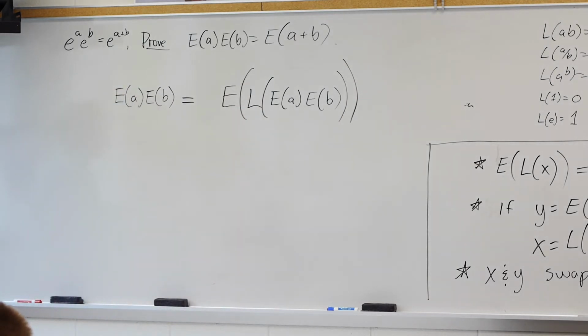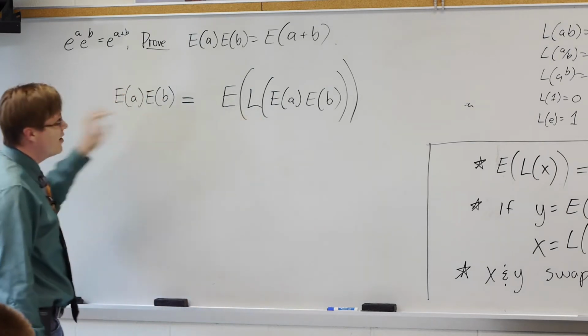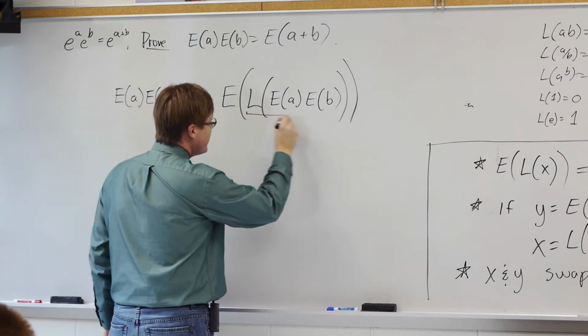Now, why are those two things equal? Exactly, E and L cancel out. So if I take L and then I take E, it's just like nothing ever happened. Okay, so that's why they're the same. But now why did I do that? Because all of a sudden this is more complicated than that. Well, I did it because look here on the inside.